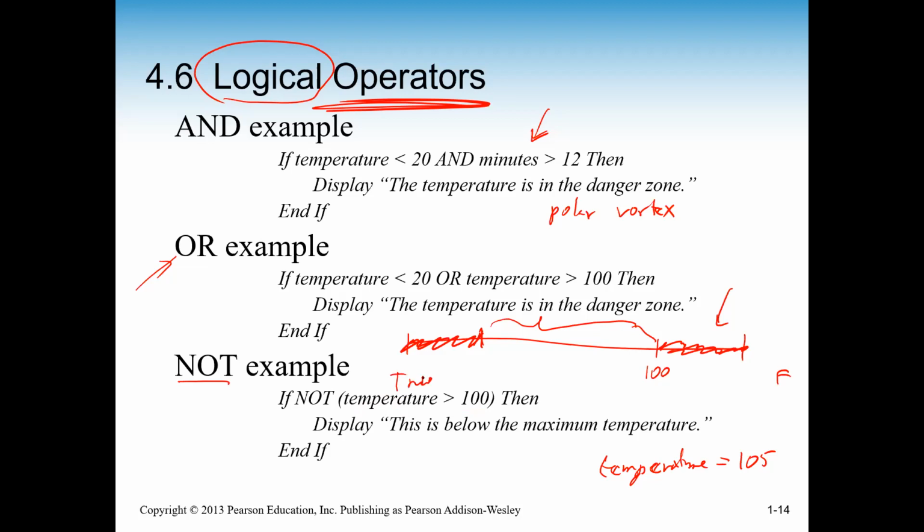This evaluates to true. Then display this is below the maximum temperature. Well, this is correct when you not it, because now the whole thing becomes false.